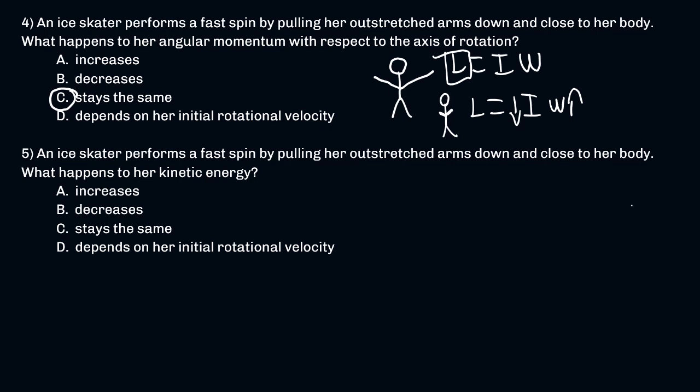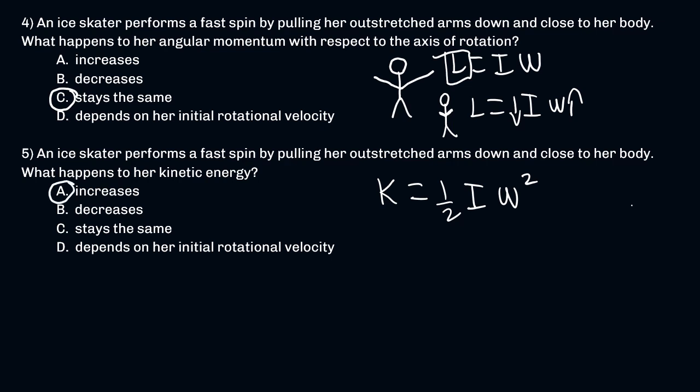The equation is K equals 1/2 I omega squared. Since omega is squared, even though my moment of inertia is going to go down, my angular velocity is going to go up at a greater rate. So my kinetic energy is not going to be the same. In this situation, it should increase. So I should get answer choice A here for number 5.